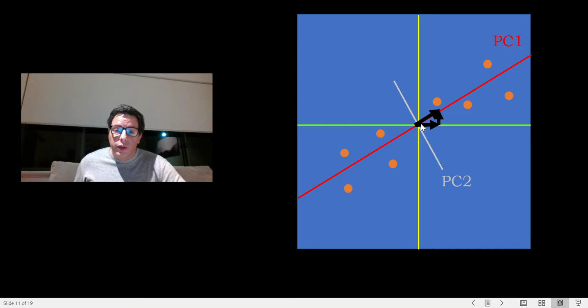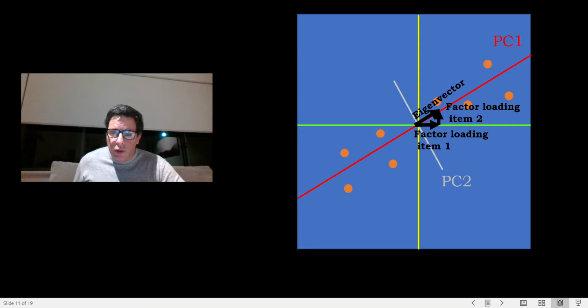These are the sides of a right triangle with a 90 degree angle. These are the two sides, and this is the hypotenuse. So these two values are going to be lower than 1. So these are the factor loadings.